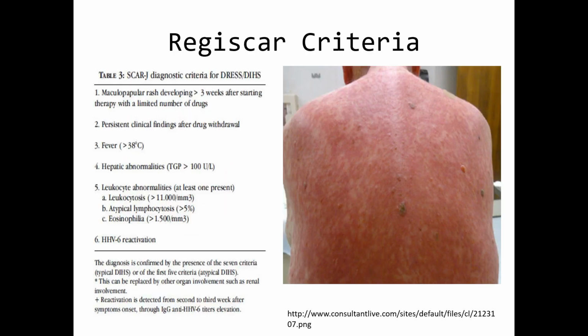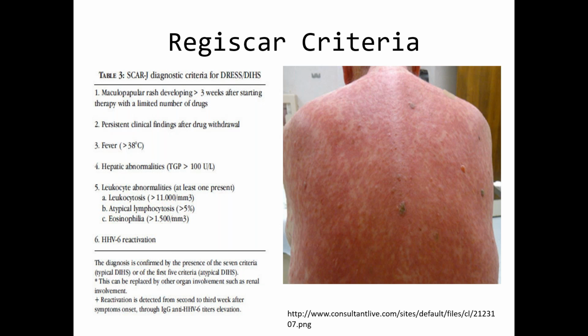So what is RegiSCAR? Among these 7 criteria, you should have all 7 or 6, or maybe the first 5 when it is called atypical.